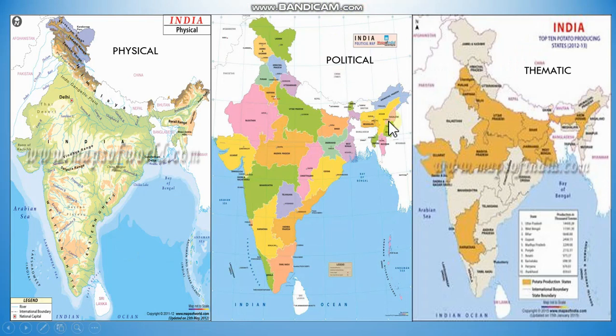So for this, here they have taken brown shade to display top 10 potato producing states. So this was all about thematic type of map.